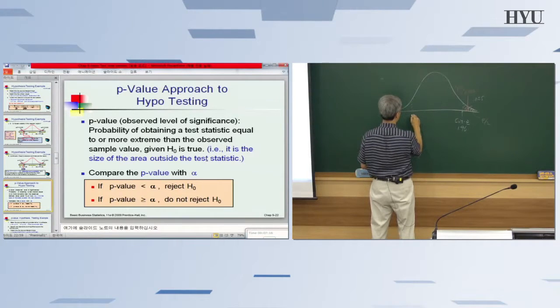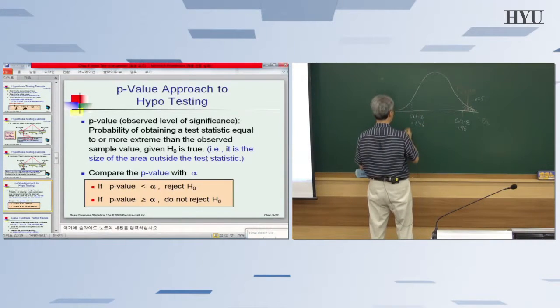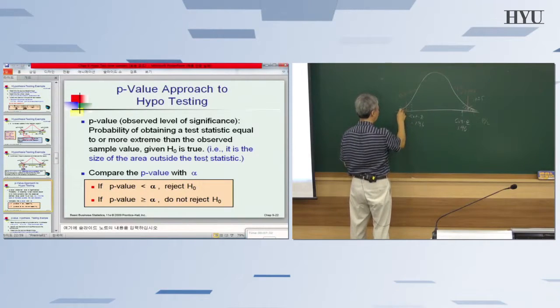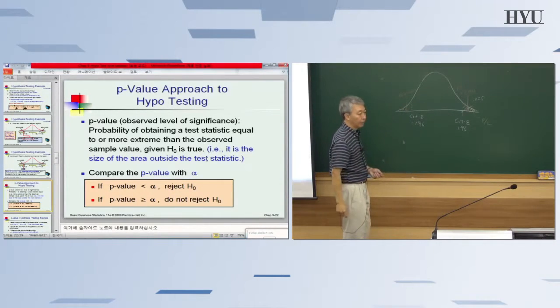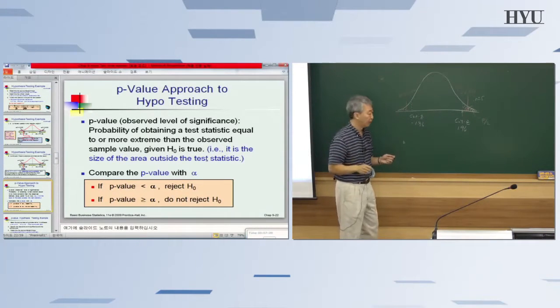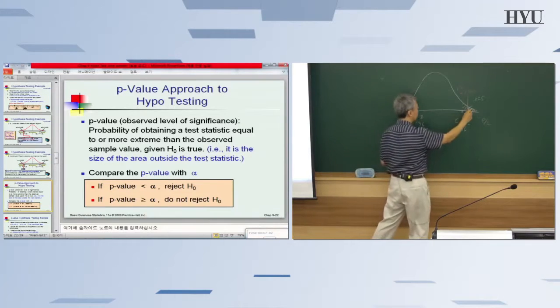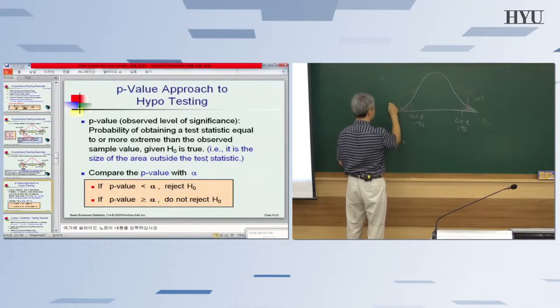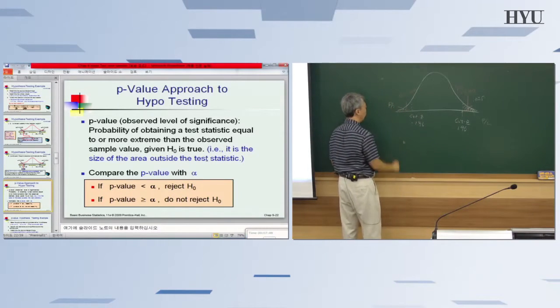With a critical z of negative 1.96 and a test statistic of negative 2.0, the p-value is the total area outside the test statistic. So this area plus this area: this is half of p, and here's another half of p.